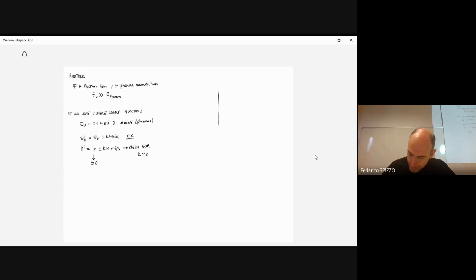So if we use visible light to access phonons, we may investigate just the central part of this diagram, because the exchange wave vector of the phonon has to be very, very small such that the photon may interact with that phonon.